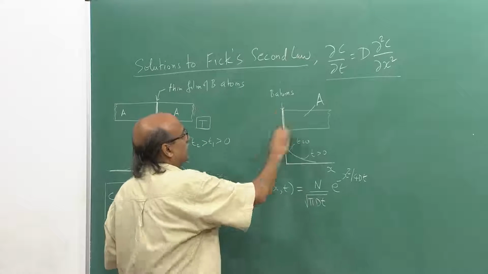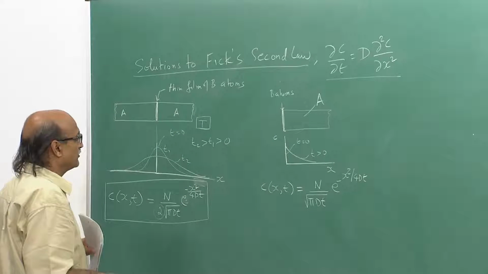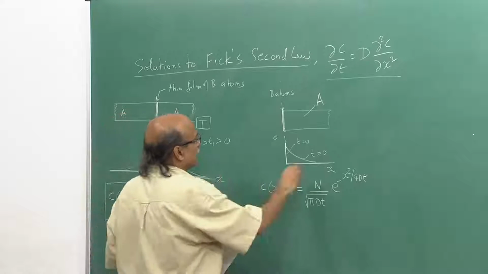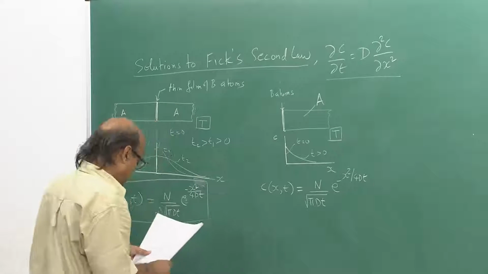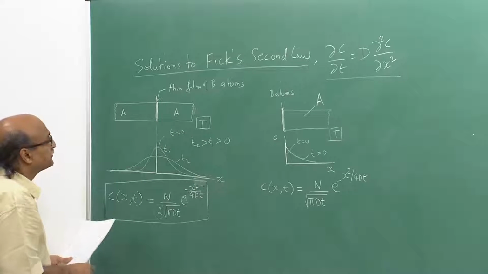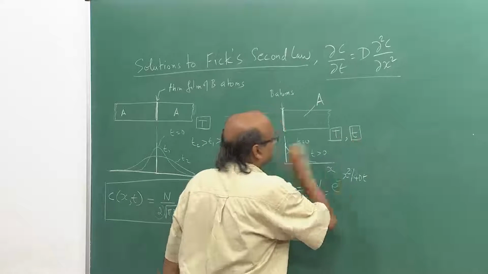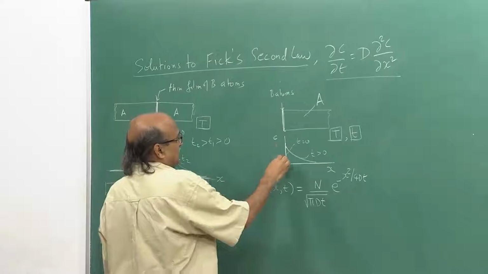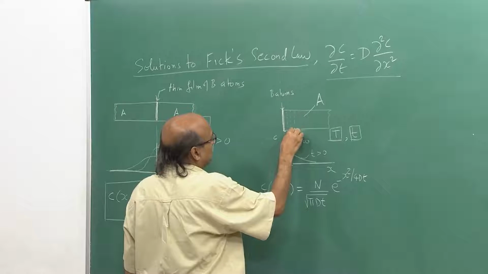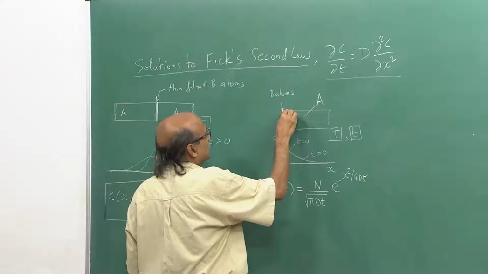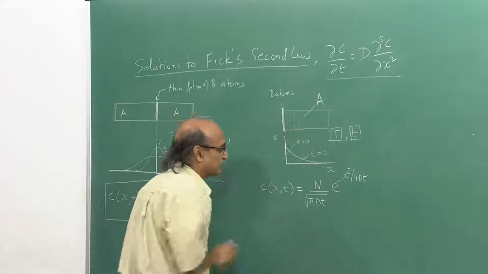We perhaps electroplate B atoms at one end of a rod, then we keep this rod at some temperature T at which some appreciable diffusion can take place for a certain amount of time T. After that, at different distances, we slice the material and measure the concentration of B at different distances x.